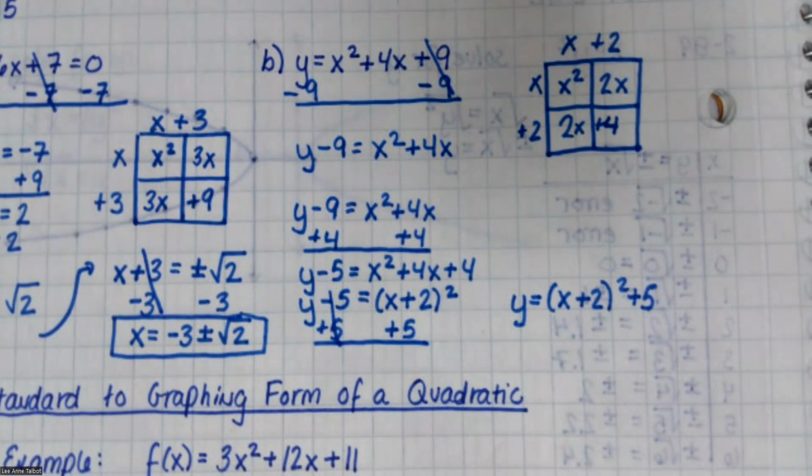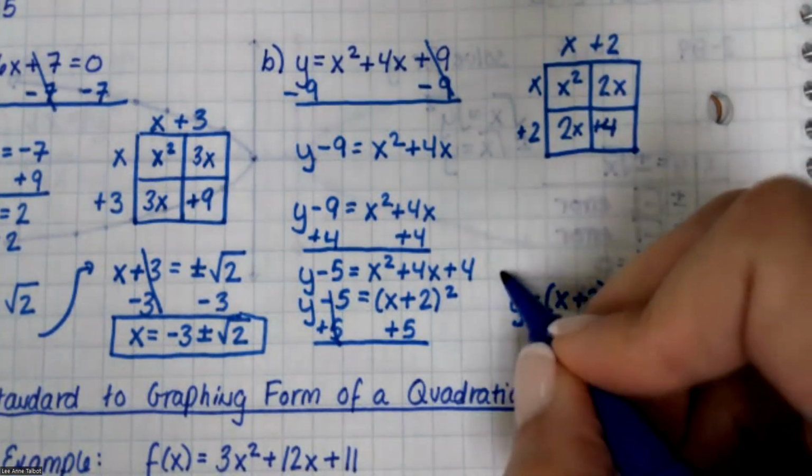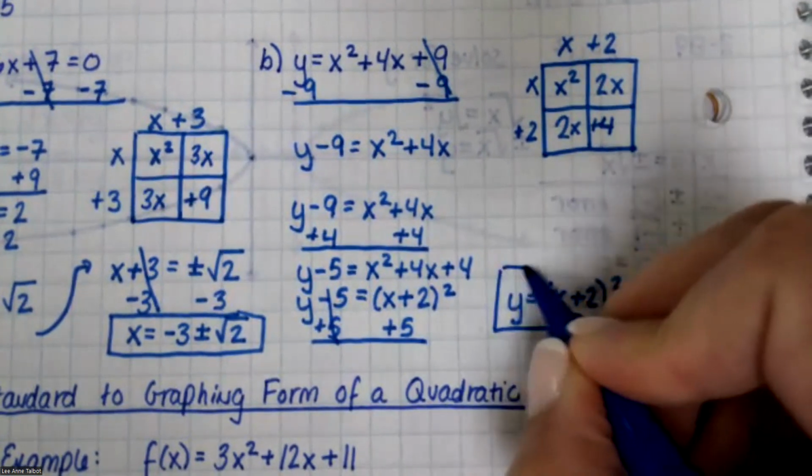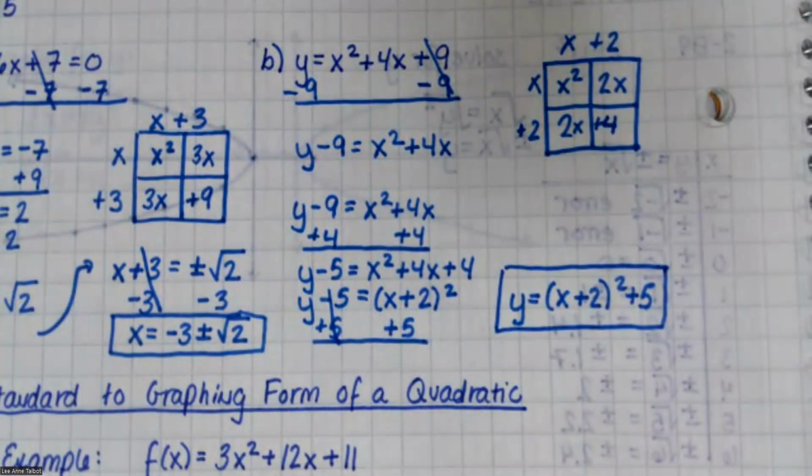Did anyone else get the same thing as me? Yes? Okay. So on this one, you would have just added 4 and minus 4. Your way's faster when there's not a leading coefficient.